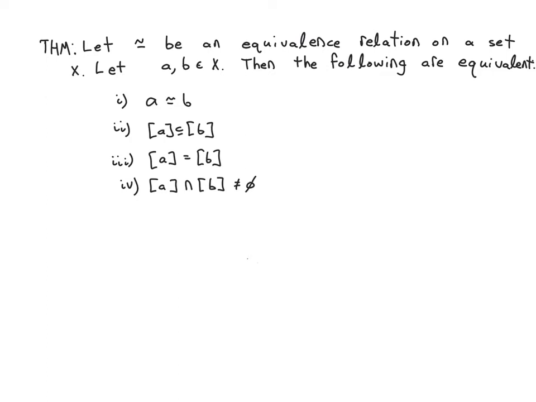And then the last condition says that the equivalence classes, their intersection is non-empty. And so if you're equivalent, then your equivalence classes have to have a non-trivial intersection. Well, in fact, the equivalence classes are actually the same.